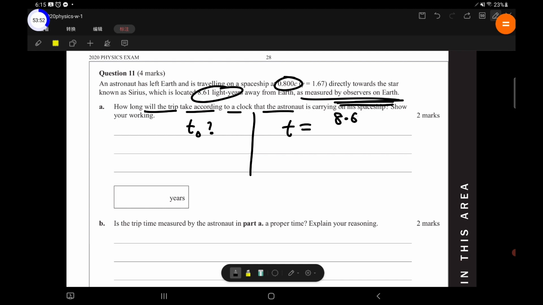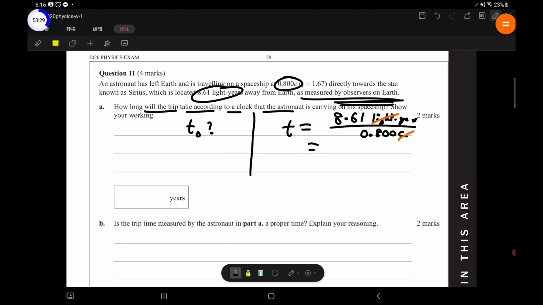So the dilated time is equal to 8.61 light years divided by 0.800 c. Now, the speed of light and the light in the units in the numerator, they cancel out.